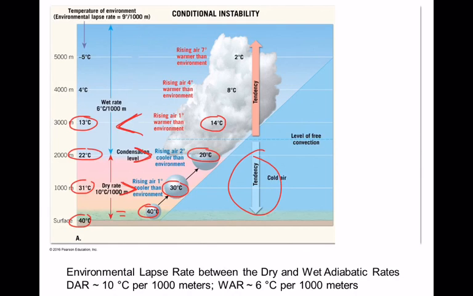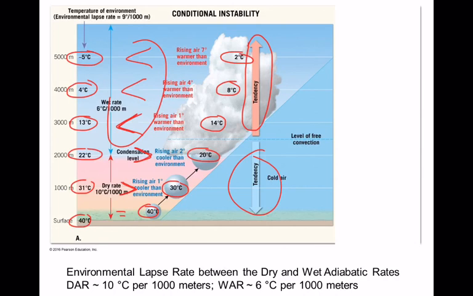It goes up another kilometer, and it's hotter by 4 degrees. Another kilometer, and it's warmer by 7 degrees. This is a flipping point. So it's conditionally unstable.